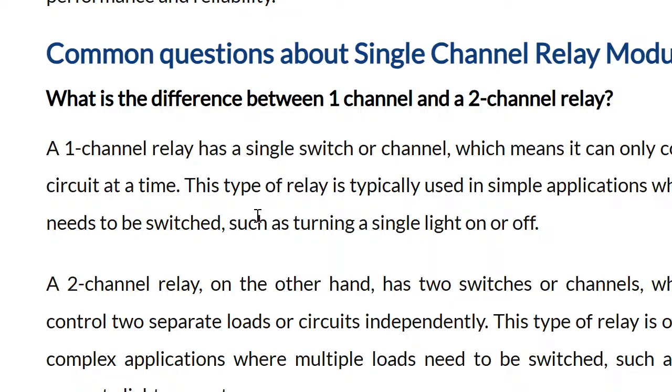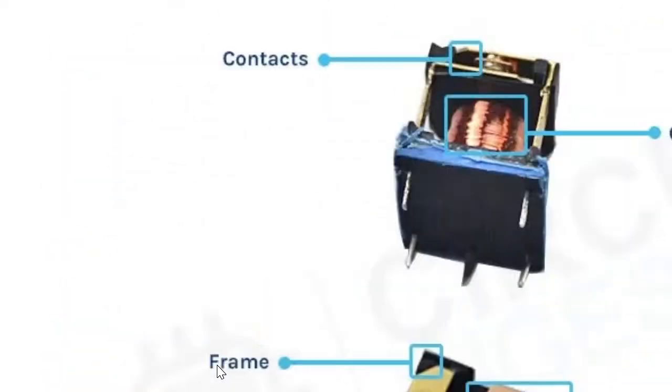So the number of channels represents completely independent circuits. If you have a two channel relay, it means you have two separate relays. So two relays can control two different circuits independently. They are not dependent on each other, completely independent. If you take a three channel relay, that means you have three relays on your board.